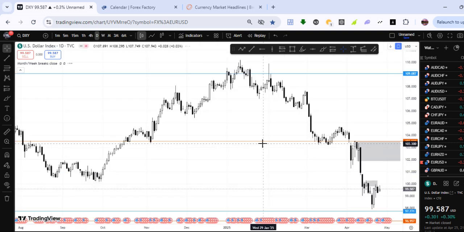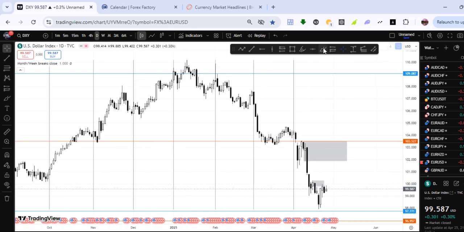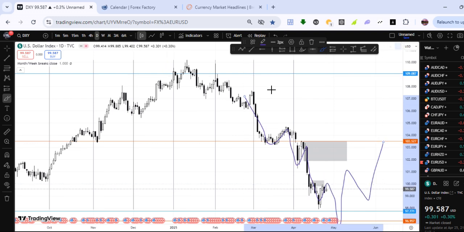Going to the daily time frame, we had a lower high, lower low, lower high, lower low. So potentially I'm looking at a lower high to continue lower before we can see a break of structure to continue to the upside. This is my view for it.